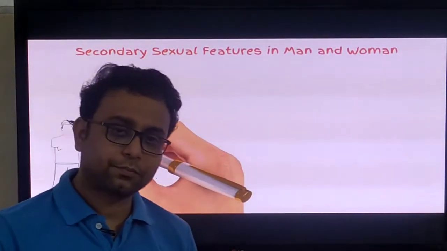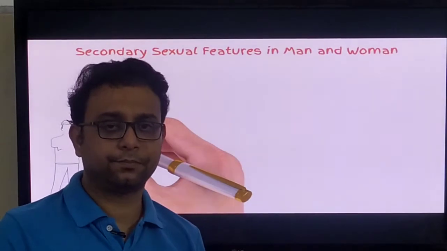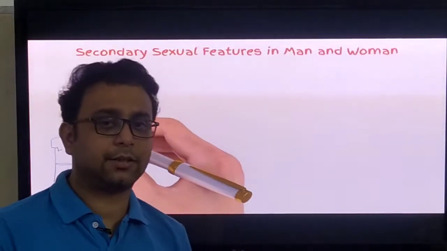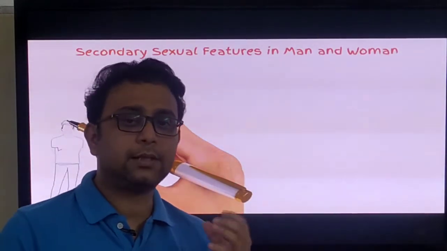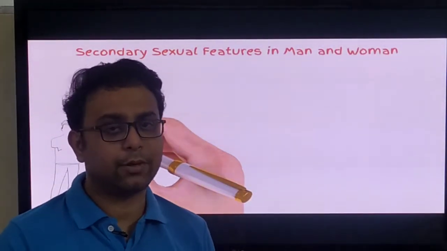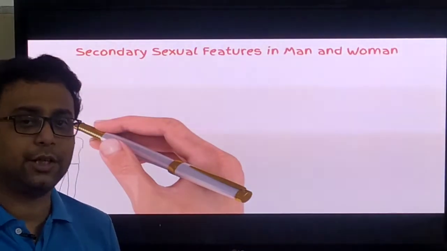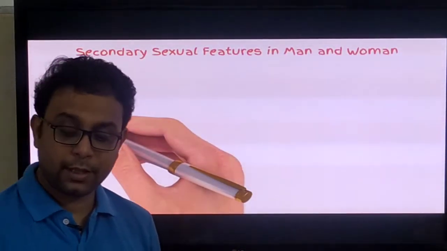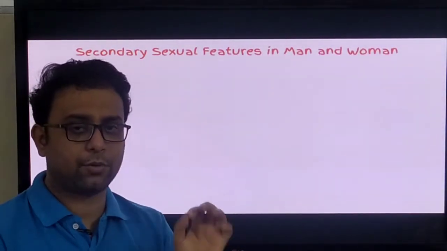From this time, the sexual characters are developed in the male and the female. But what are the different sexual characters? You can find these secondary sexual characters in your own body also, if you have reached puberty. So puberty is the sexual maturity.